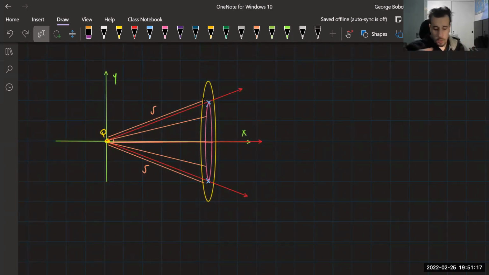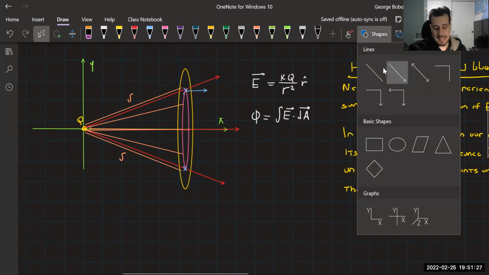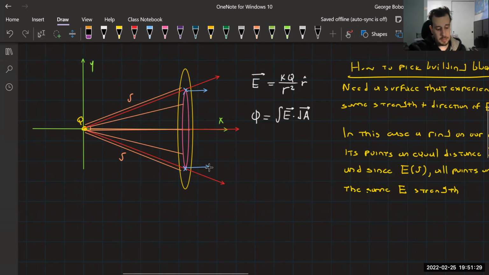Now, one thing I want to show you is that for the normal of this disk, I want you to see that the angle between the electric field and this normal is always preserved. You can't see it well for the in-between values, but we will be able to find out what this angle theta is going to be.